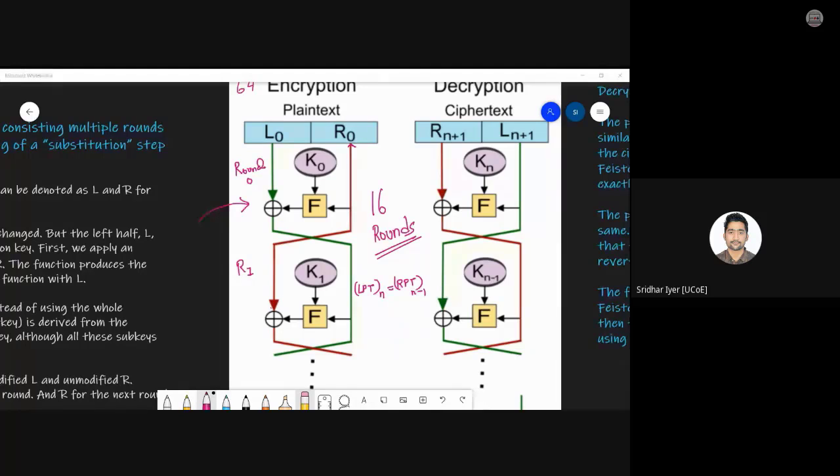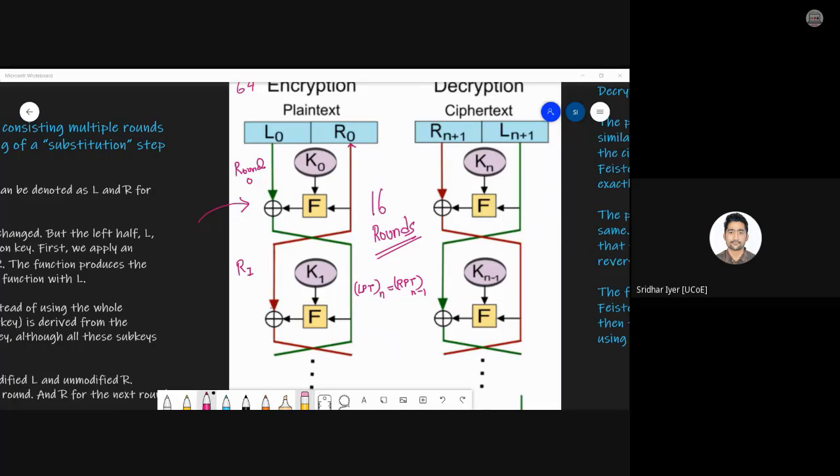Yes, fine. Okay. I will repeat, Harsh. Just have a look. That's why they are color coded. As you can see, the initial text is divided into two parts, left plain text and right plain text. The left plain text of round number 1 is the same as the right plain text of round number 0, yes or no?